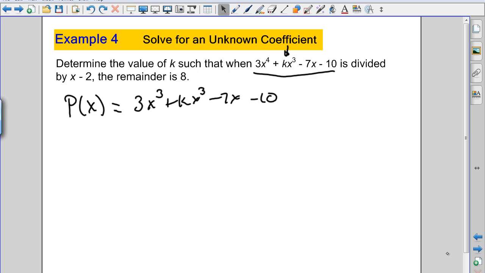If I'm able to replace the x here and just temporarily write p at 2, so that came from up here, is equal to 3, and replace all my x's with the 2.